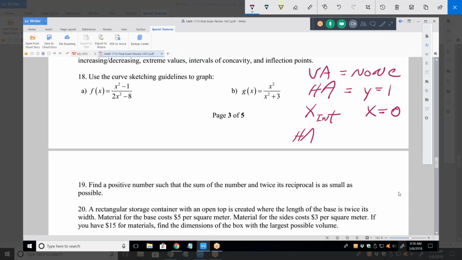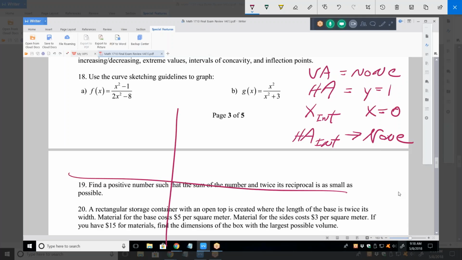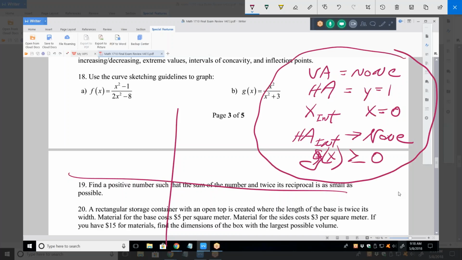Horizontal asymptote intercepts, none. So, what else could it be? Oh, f of x, or g of x, excuse me, always greater than or equal to 0. So write down those 5 things, and that can only result in one curve.